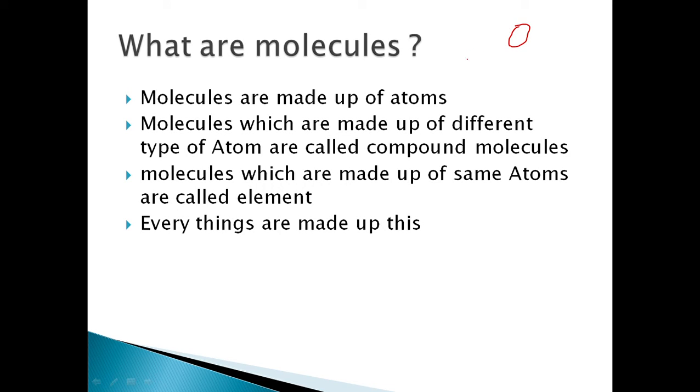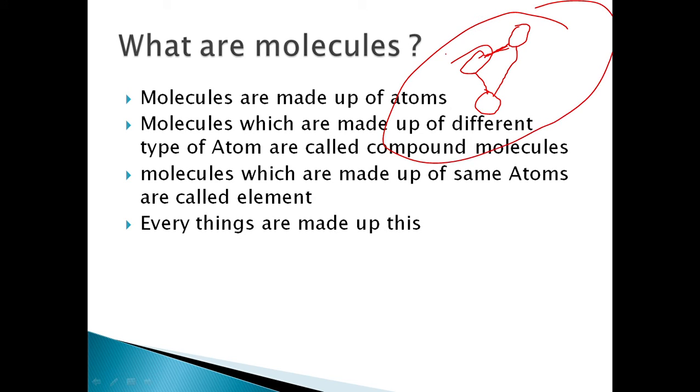This is an atom which is joined to this atom, and this atom is joined to this atom, and this atom is joined to the first atom. And this complete thing is our molecule. And these small things which are joined to each other are our atoms.